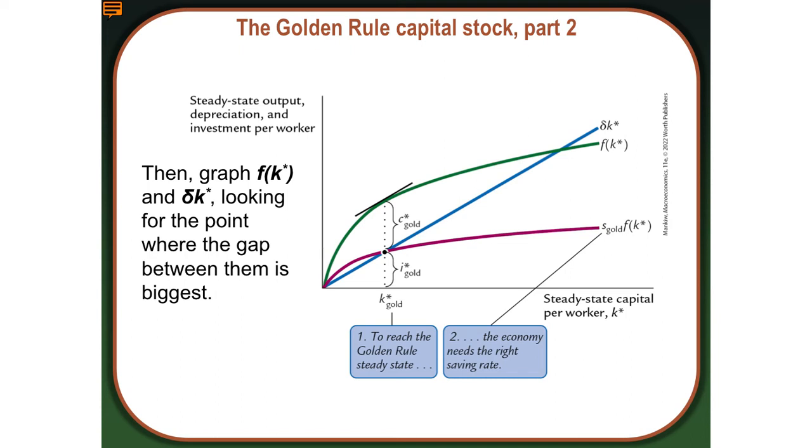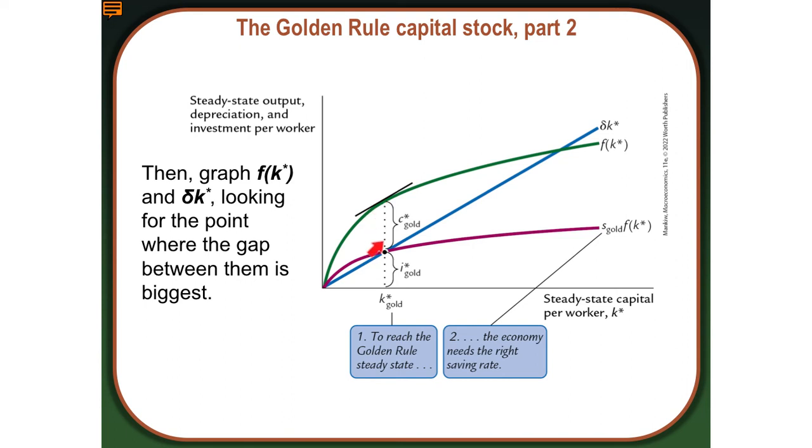And we're going to try to find the value for K star along this x-axis that makes our consumption per worker the biggest. So remember, consumption is going to be the difference between the production function, which is this green line, and the investment function, which is this magenta, red, whatever that is, line.